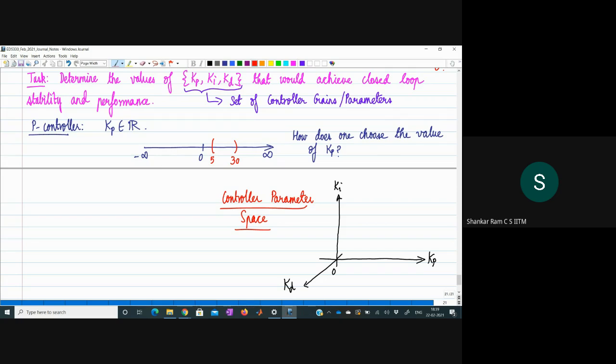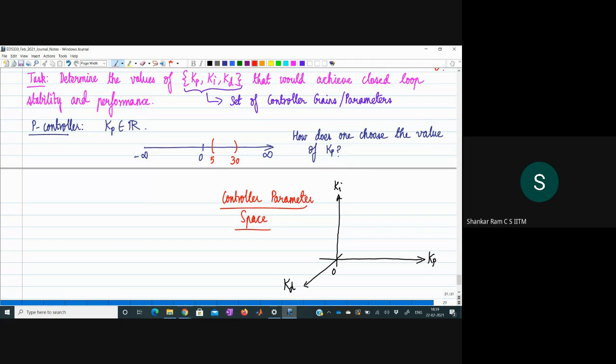We are going to learn methods and design tools by which we narrow down this controller parameter space, such that we can prescribe ranges or regions in the space wherein we will achieve closed loop system stability and performance. That is what we are going to learn as we go further in our course. I hope that is clear to all of you.